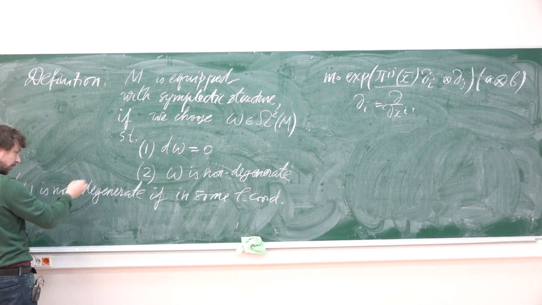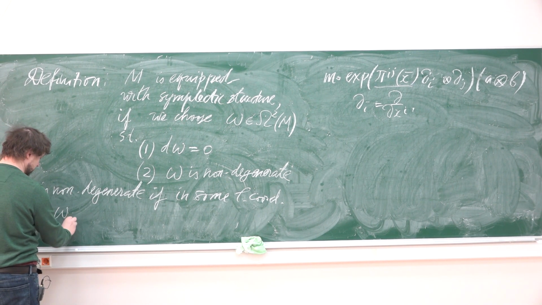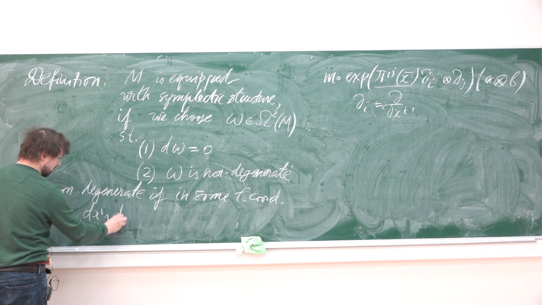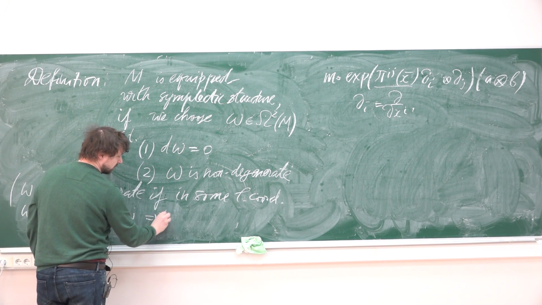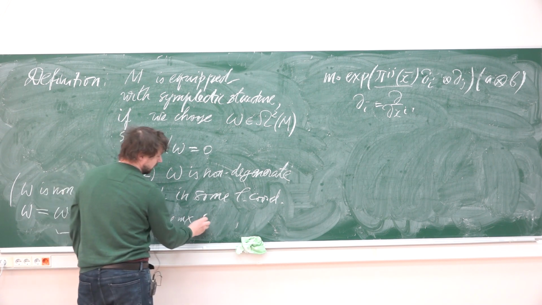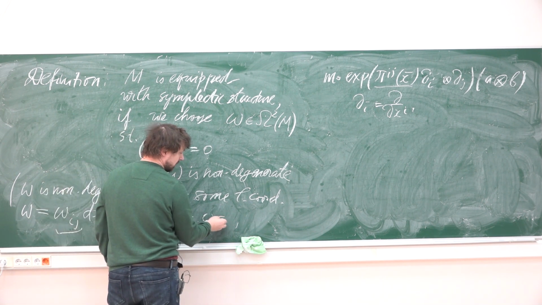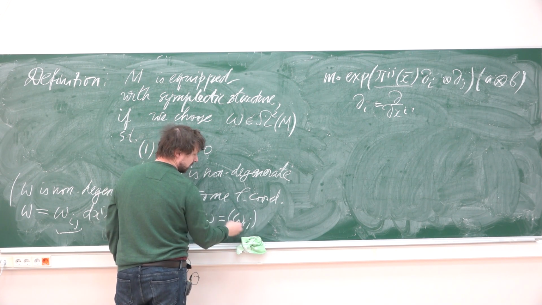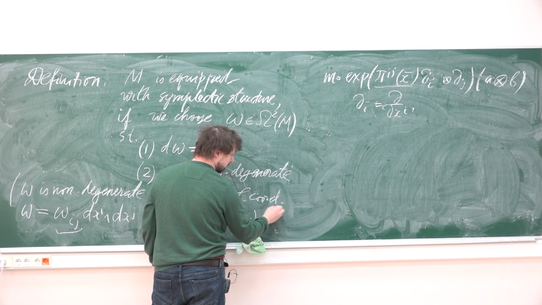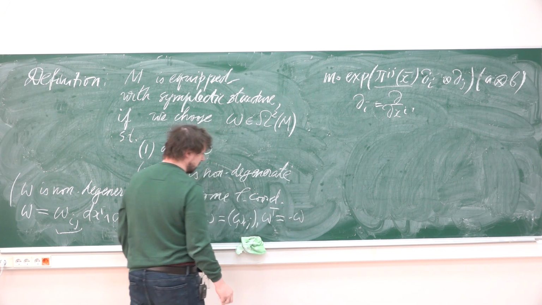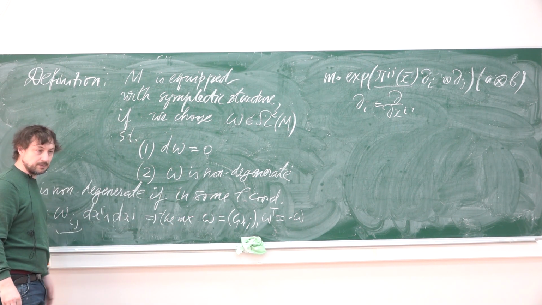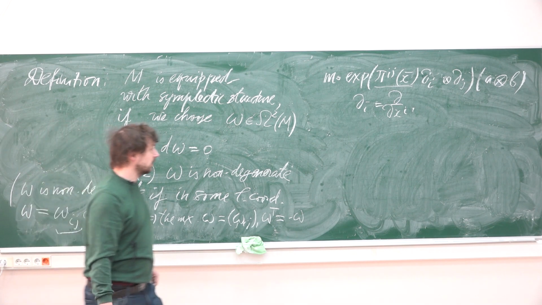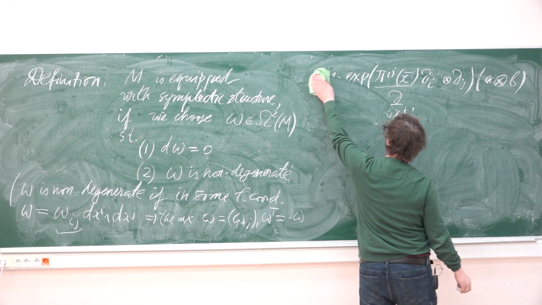Because when we have local coordinates, omega can be written as omega ij dxi wedge dxj. And then here is the matrix, which I denoted by the same symbol omega, and it's a skew-symmetric matrix, of course. It depends on x, but it is true for all points in our open neighborhood where we have local coordinates, and this omega should be invertible.